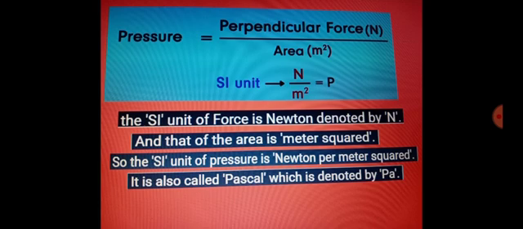The SI unit of force is Newton denoted by N and that of the area is meter square. So the SI unit of pressure is Newton per meter square. It is also called Pascal, which is denoted by Pa.